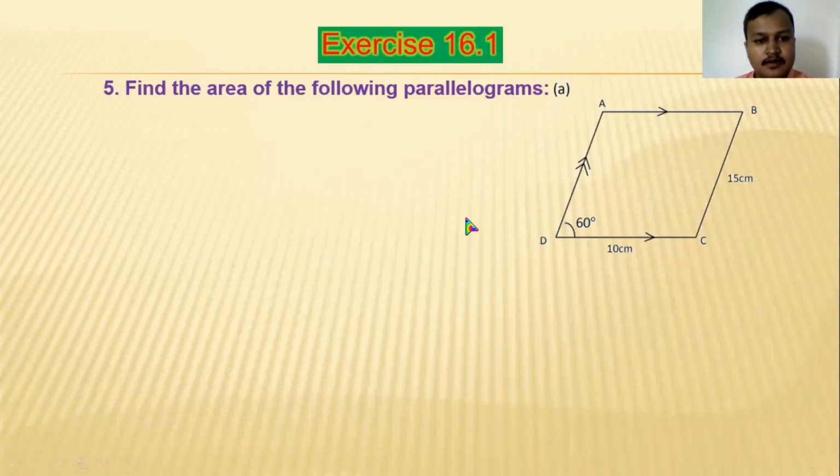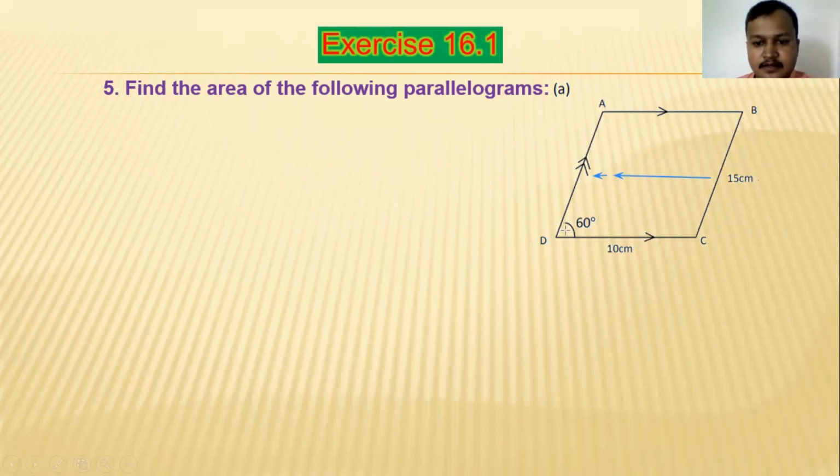Find the area of the following parallelograms. In question number 5, parallelograms are given. In the first parallelogram, one angle is 60 degree, one side is given, and another side is also given to us. And you know that opposite sides of a parallelogram are equal. If BC is 15 centimeter, AD is also 15 centimeter.